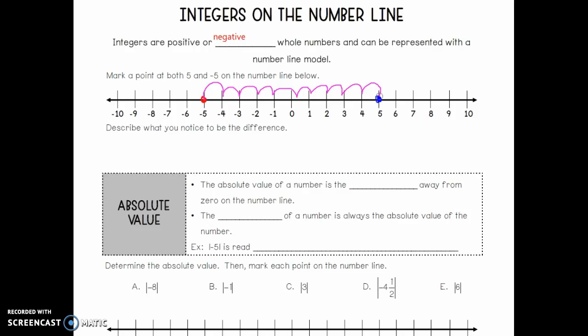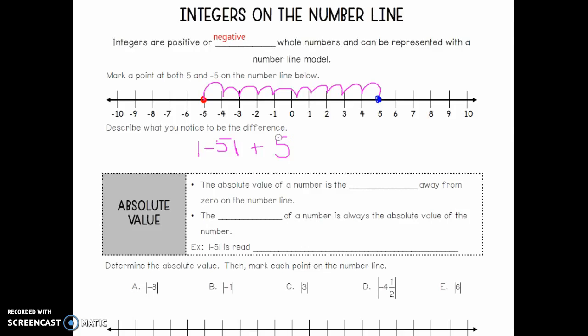Now, do you notice that I didn't say it's negative 10 away or it's positive 10 away. I said the distance is 10 units. So I want you to notice that it's like the absolute value of negative 5 plus positive 5.